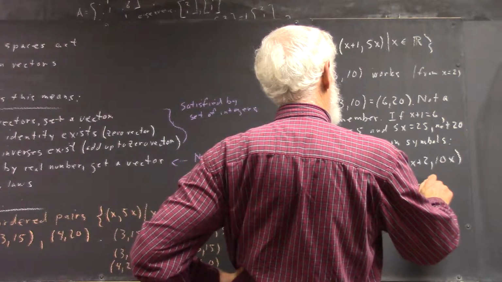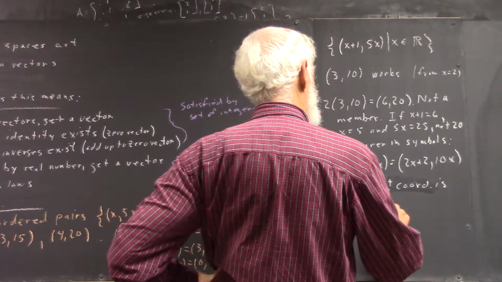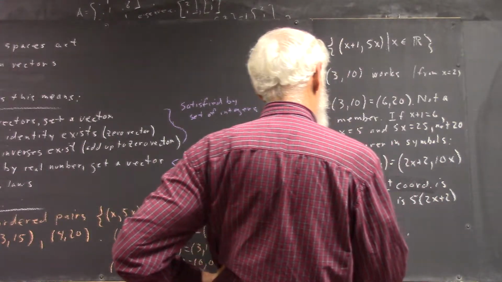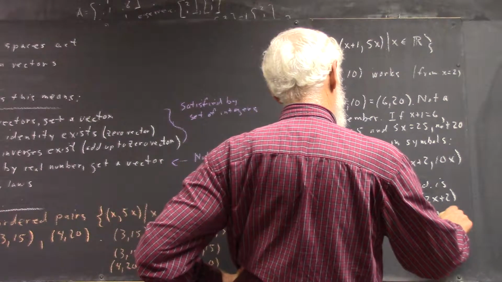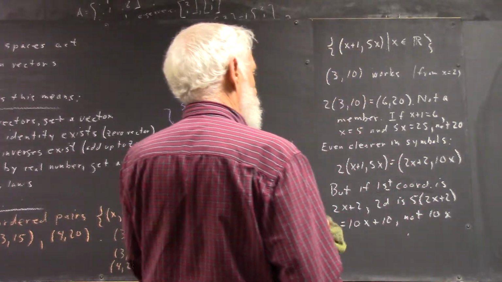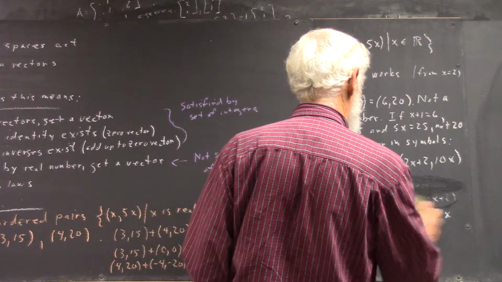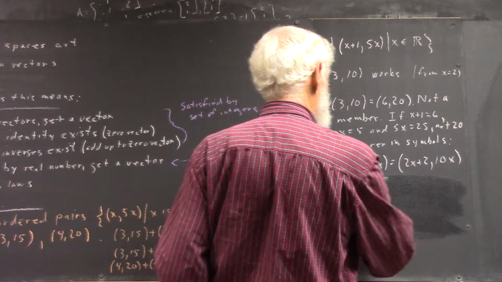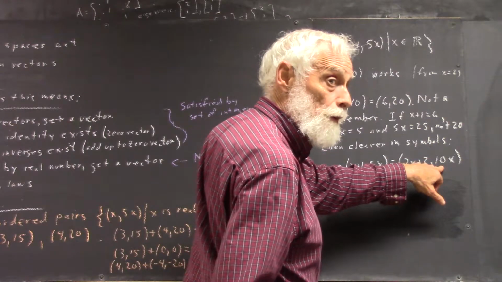So I'll say if the first coordinate is 2x plus 2, this is almost what I started to write out. And I'm still wrong. Not writing it out right. Try again. It's really easier to go to the second coordinate.